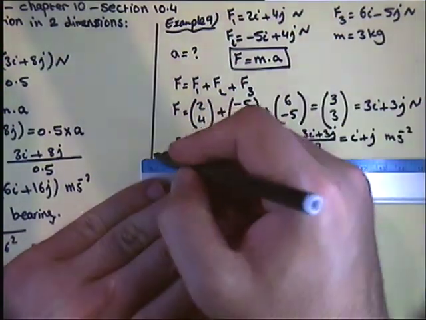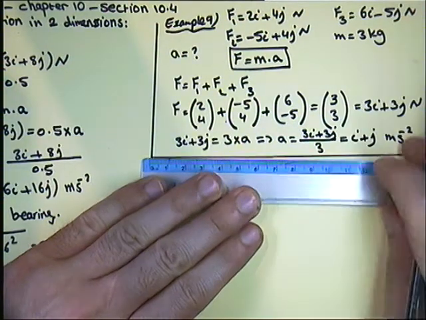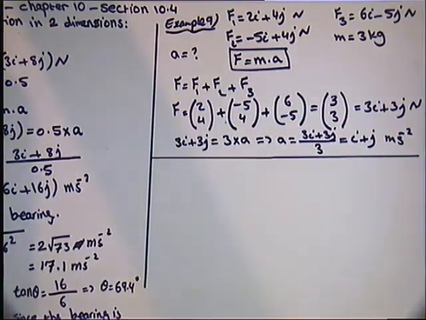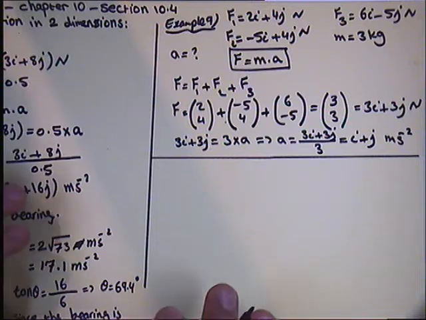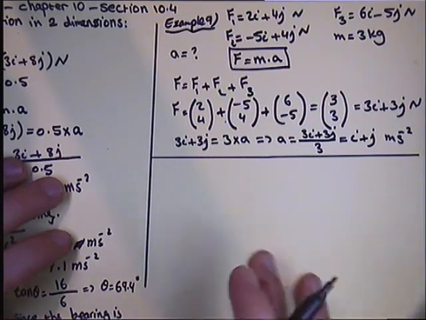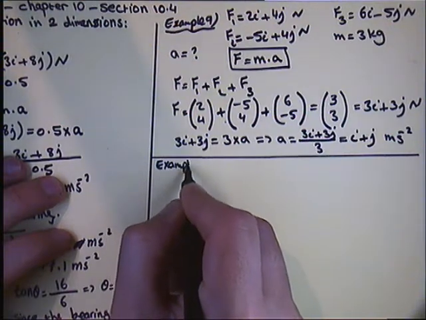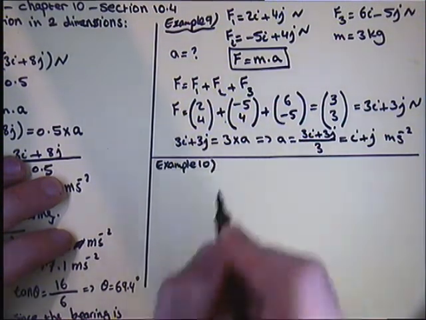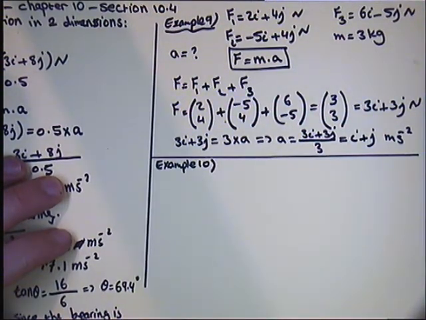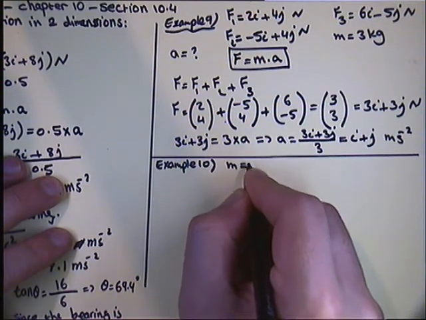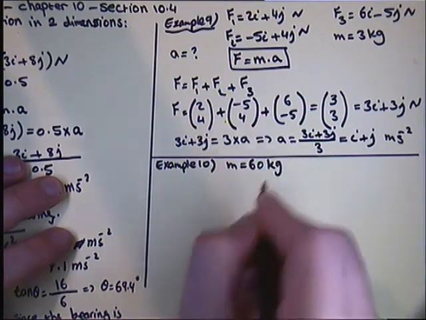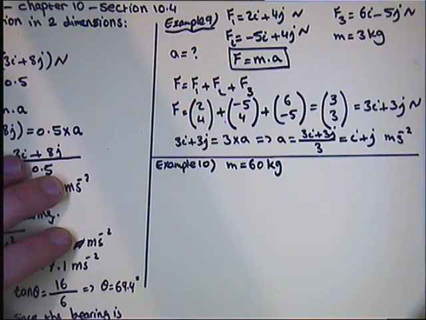Let's move on to the last example, which is example 10. A boat is modeled as a particle of mass 60 kg, being acted on by three forces.